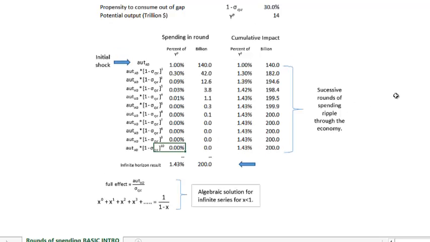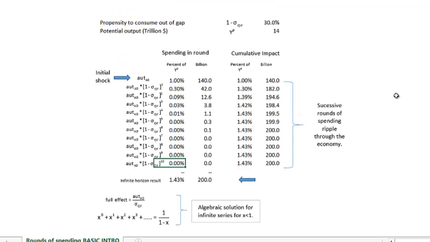Well, it turns out that's exactly what we have here, because we can think of 1 minus the cyclical propensity to save, 1 minus sigma sick, as x.